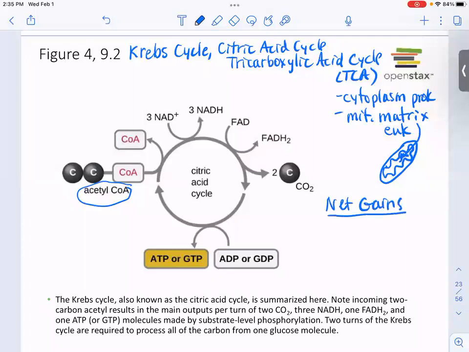We get, let's count, we'll say per pyruvate. You could count that per glucose, and then you would double it, right? Because you get 2 pyruvates from each glucose. So per pyruvate, that's going to include that transition step. So here there's 3 NADHs. We're going to count that as 4 NADHs because there was 1 from that transition step.